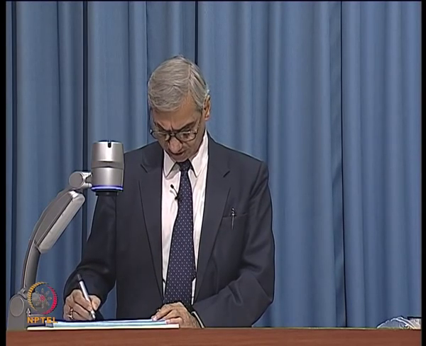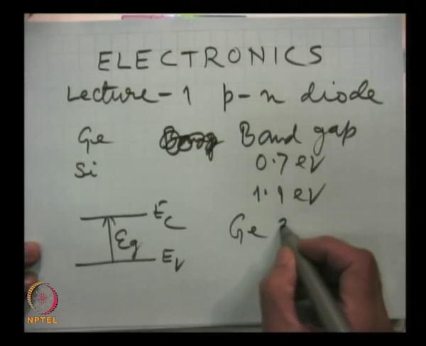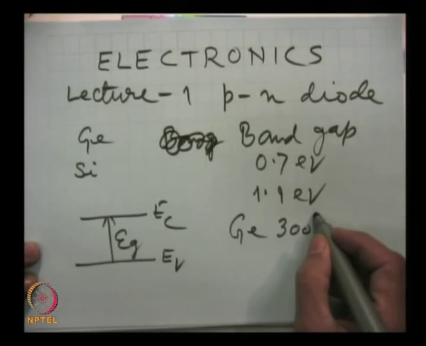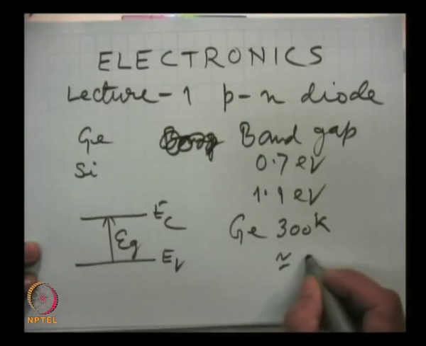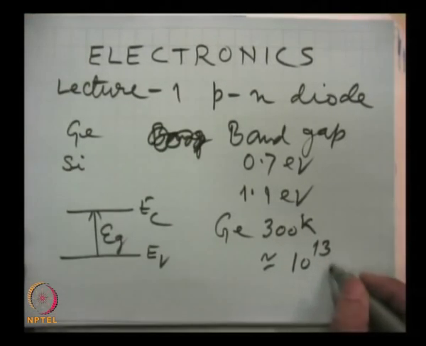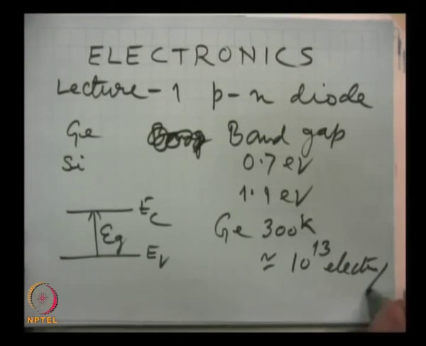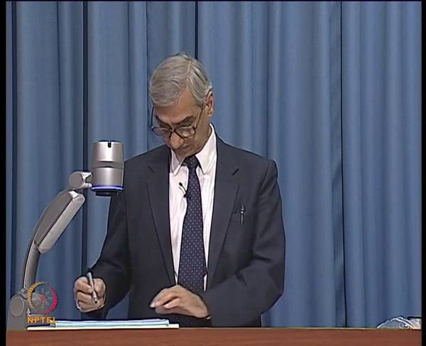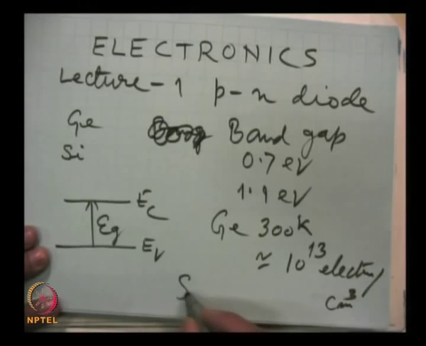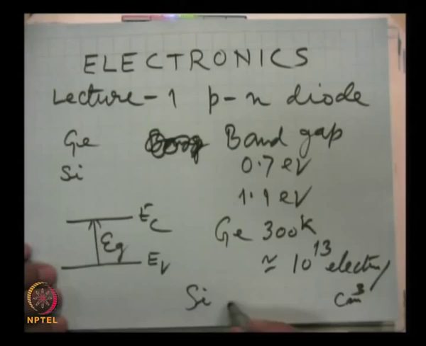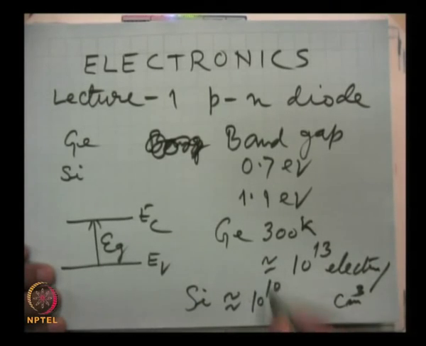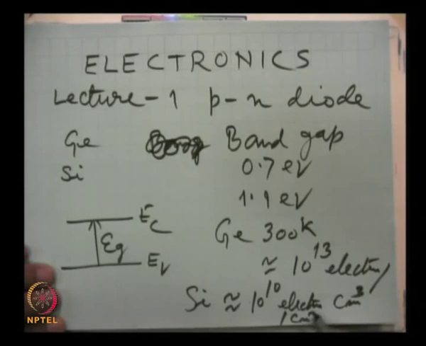The carrier concentration in germanium at room temperature, 300 degrees Kelvin, is around 10 to the power 13 electrons per cubic centimeter, while in silicon, because it has a band gap of 1.1 electron volt, this concentration is around 10 to the power 10 electrons per cubic centimeter.